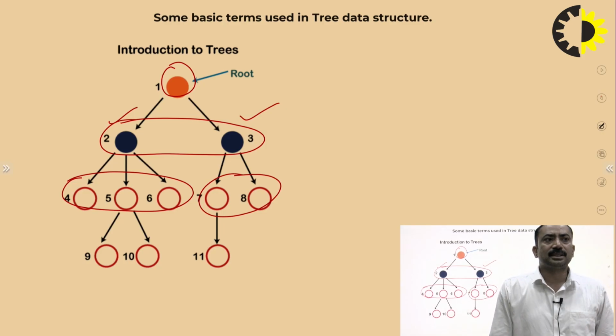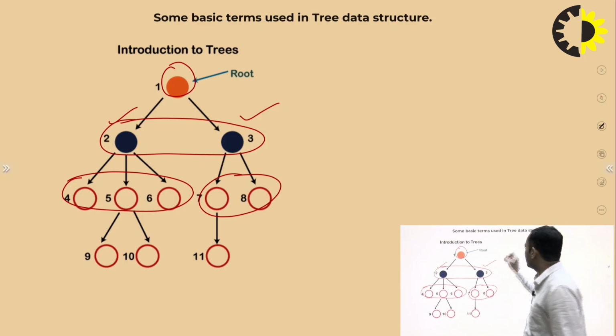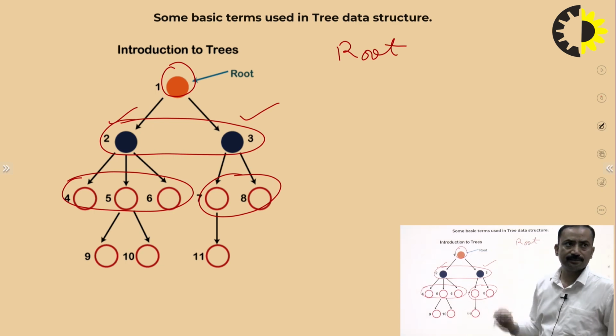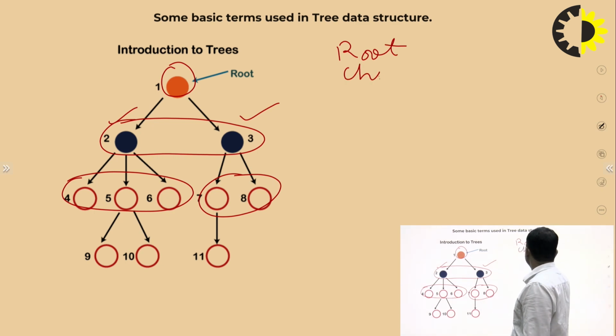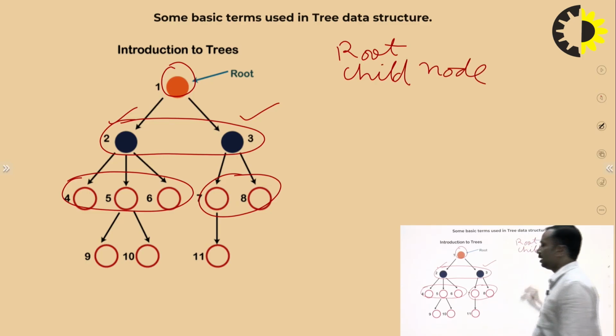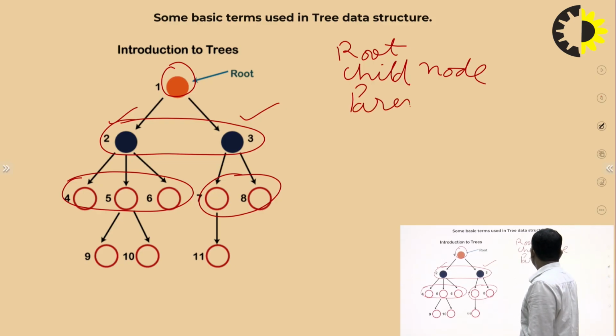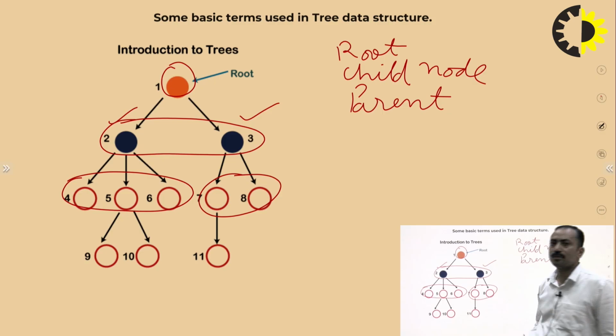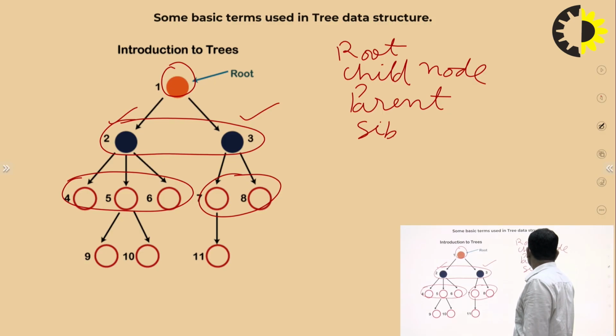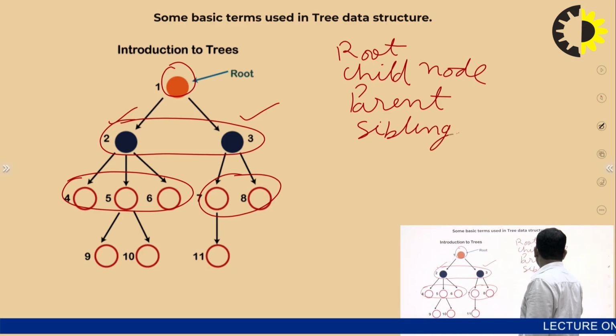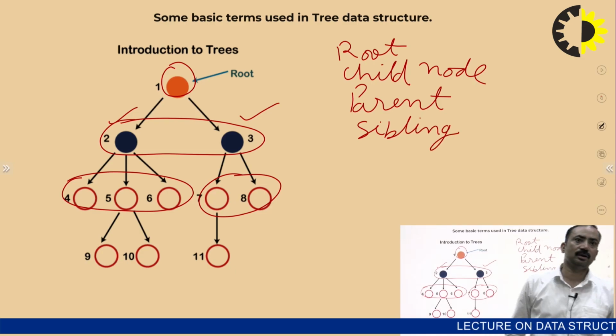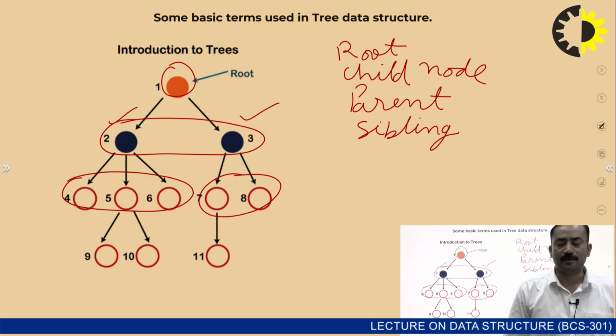Another terminology: we discussed the root, and we have child nodes. We have discussed parent. A root is different from a parent. We have siblings, the children of the same parent are called siblings. Then we have leaf node.